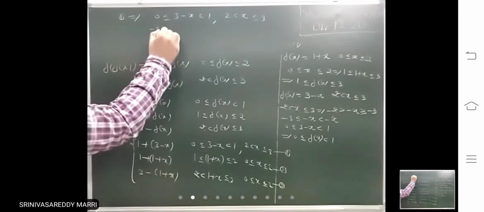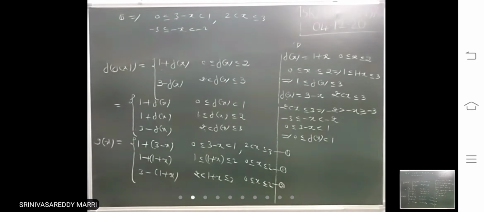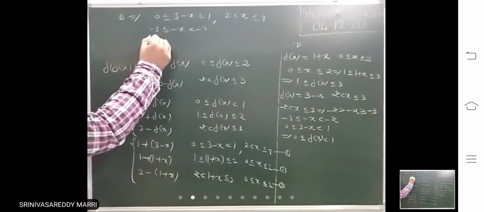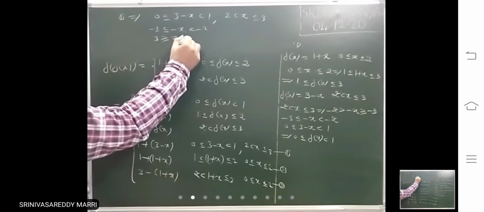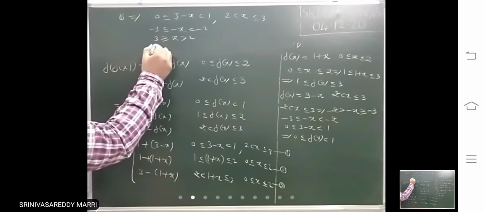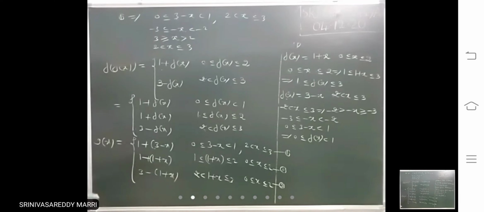Minus 3 less than 1 minus 3 minus 2. Multiply with minus, 3 greater than or equal to x greater than 2. So from this side, 2 less than x less than or equal to 3. This means the x interval is nothing but 2 less than x less than or equal to 3.